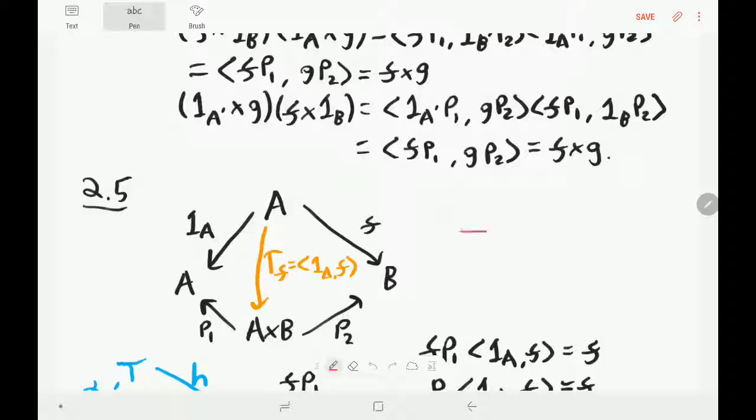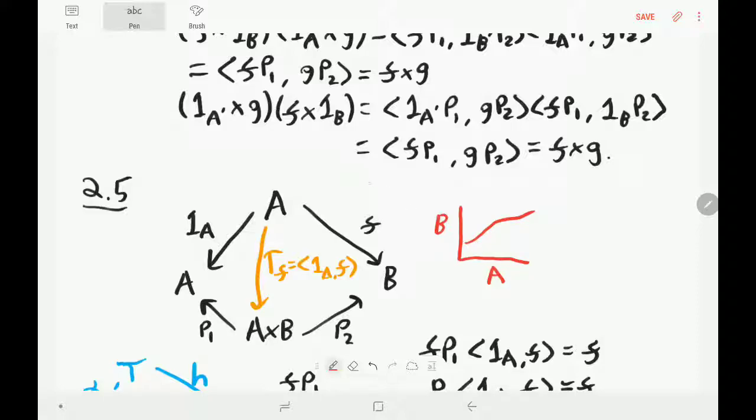And it's a wonderful name because if you think about what it does, think about a graph as in a plot. So if we think about A and B as the set of real numbers, let's say, what this is doing is it takes in a value of A, and then it sends it to the pair.